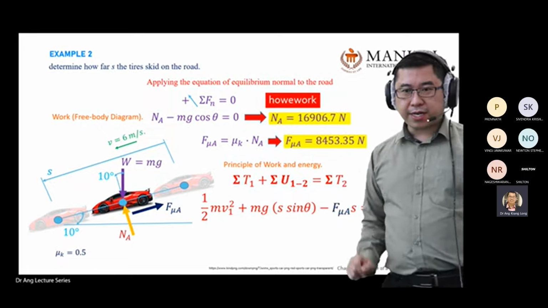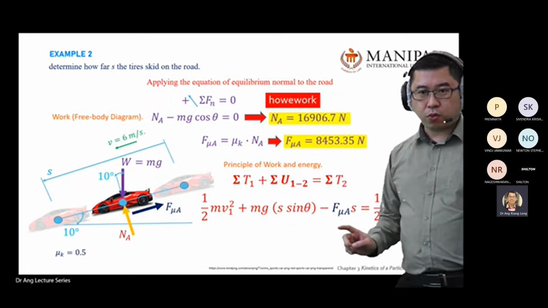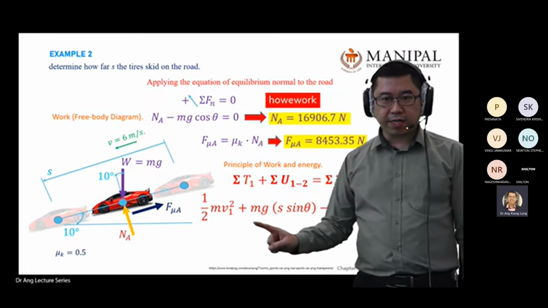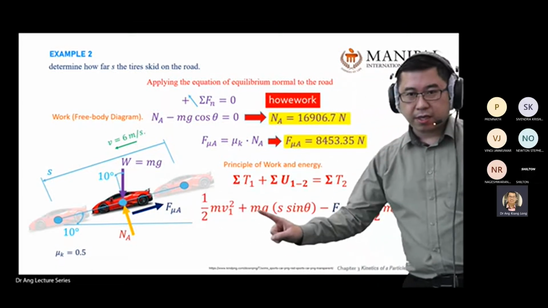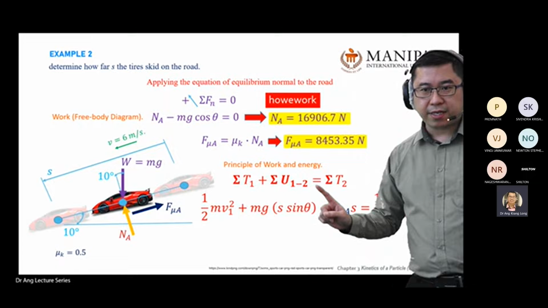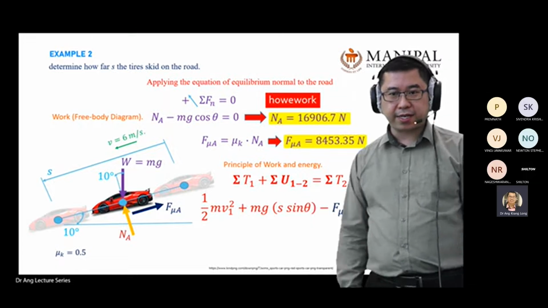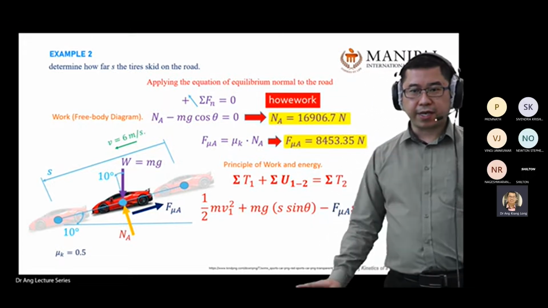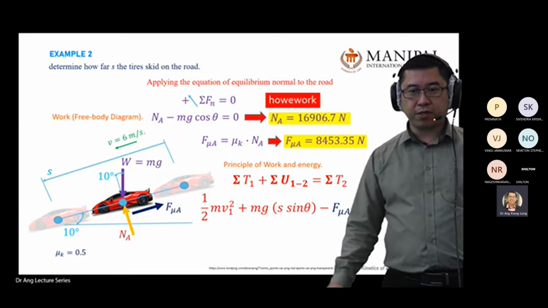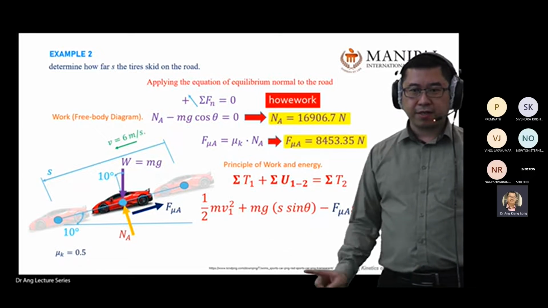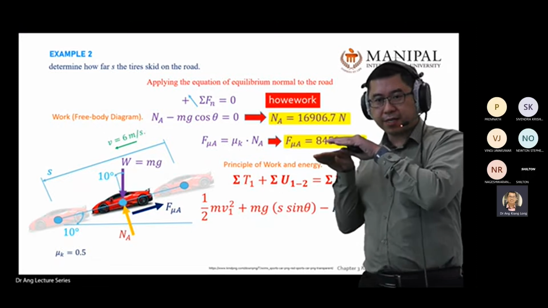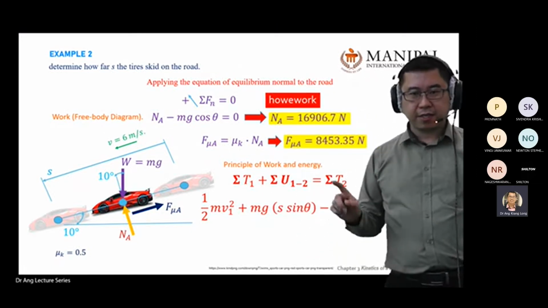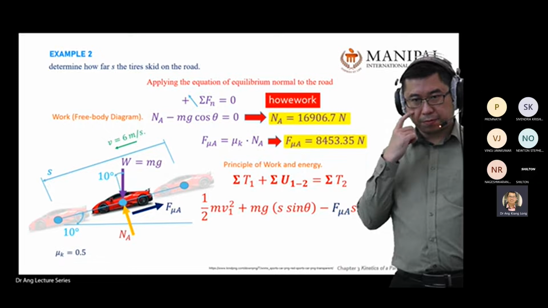What is the work done? You have two works here. One is the work done by gravity, mg sine theta times s. Or you can move the sine to the mg, also fine. Both are the same. As long as your force and displacement are in the same direction, they will generate work.